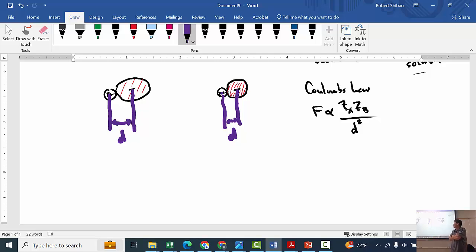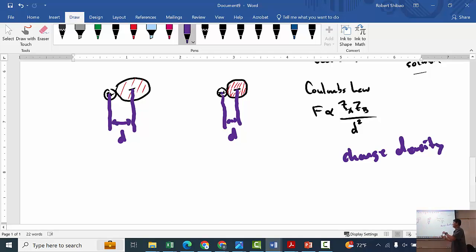And so when I think of Coulomb's law, I think of charge density. That is, how concentrated is the charge? The bigger the charge, the greater the charge density. The smaller the size, that is, the smaller the distance, the greater the charge density. So if I look at the charge density of iodide, iodide is -1.